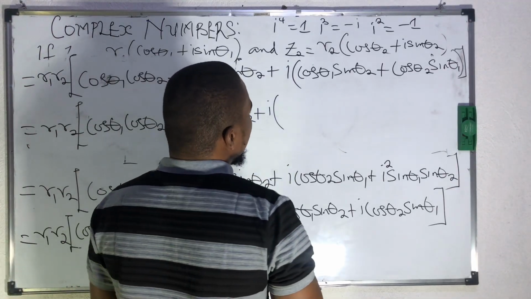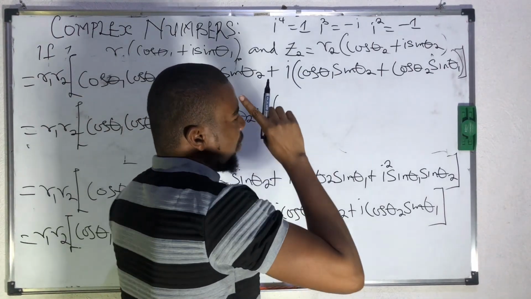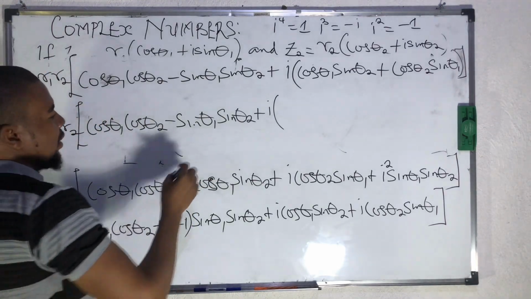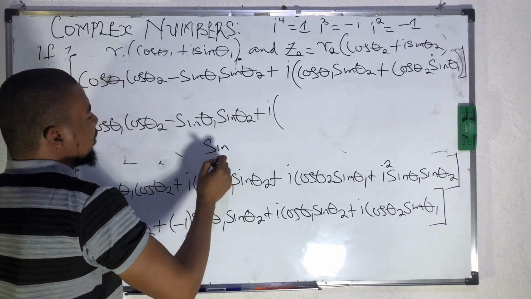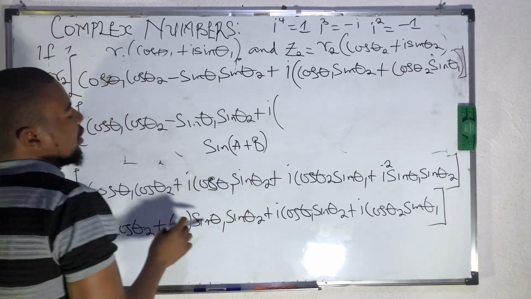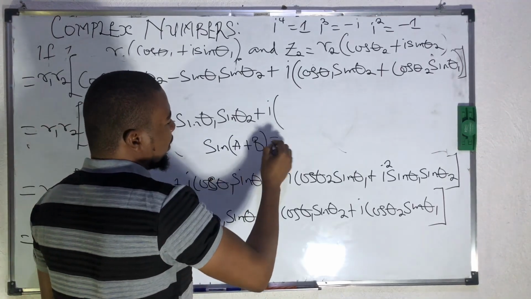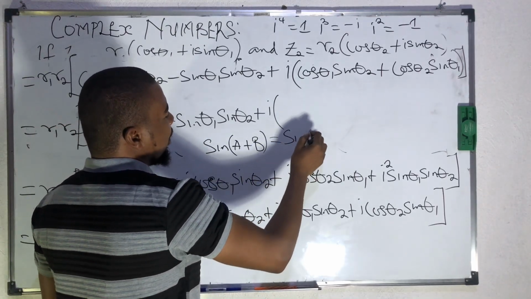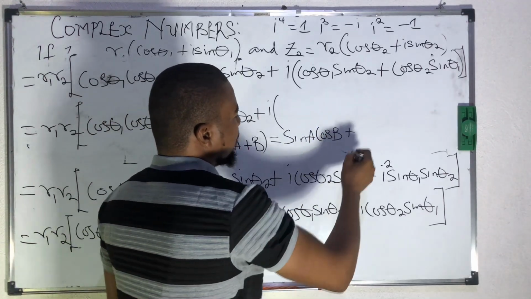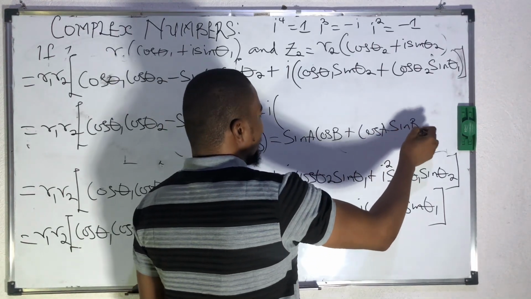We have cos theta 1 sine theta 2, but I'm trying to get a trig identity that says sine A plus B, which is a sum and difference identity, this one for the sum. Sine A plus B is equal to sine A cos B plus cos A sine B.